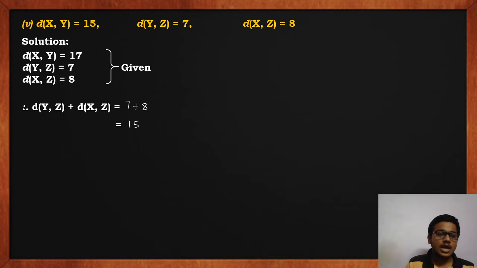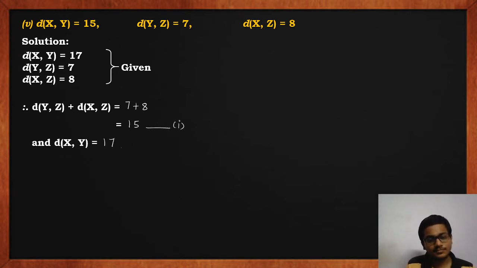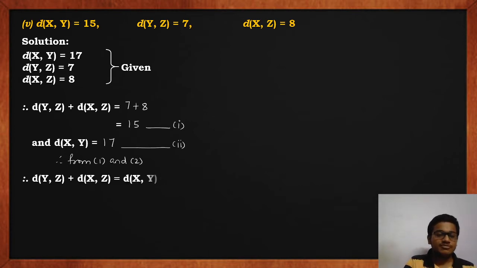Okay. Now compare it with the greatest distance, that is distance XY. It is equal to 17. This will be marked as number 1. This will be marked as number 2. So therefore, from 1 and 2, we can say that distance YZ plus distance XZ does not equal distance XY.